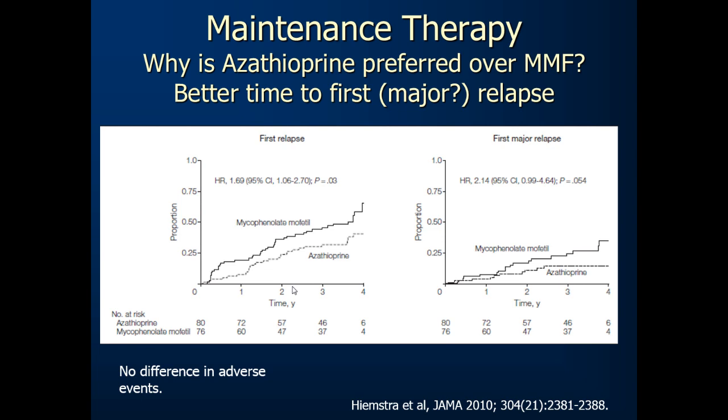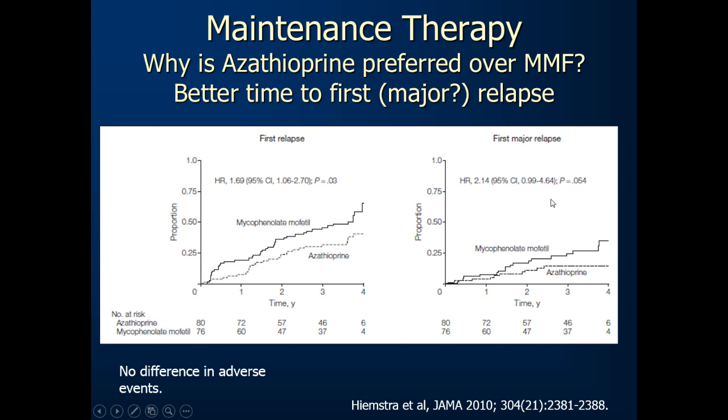So time to first relapse, there was a difference. The percentage was higher in patients with mycophenolate, and it was a shorter period of time before they had their first relapse. Okay, and then looking at their first major relapse, it's maybe a little bit worse in the mycophenolate mofetil group, but it's unclear in terms of statistical significance.